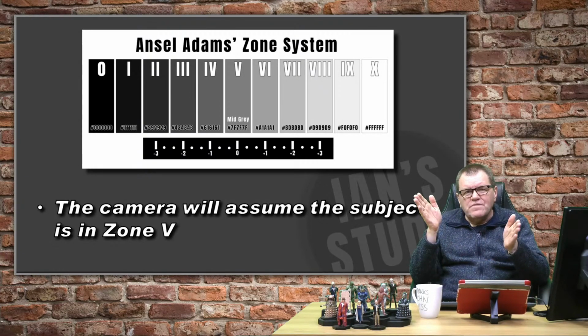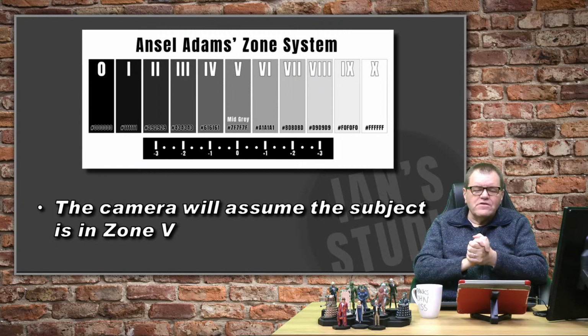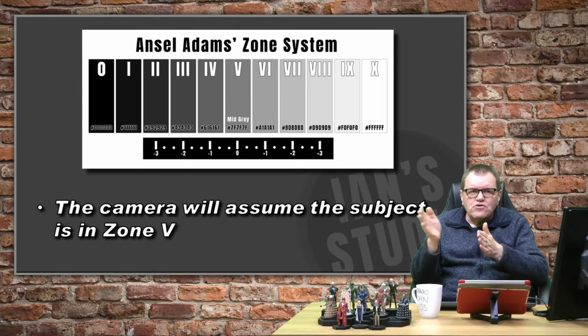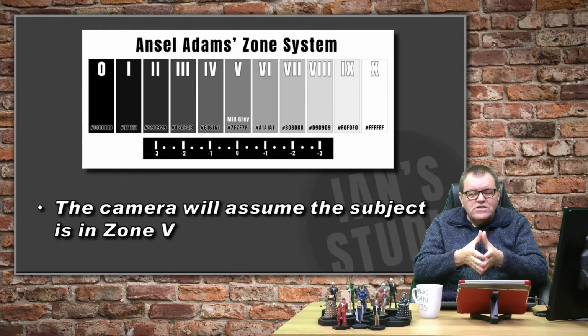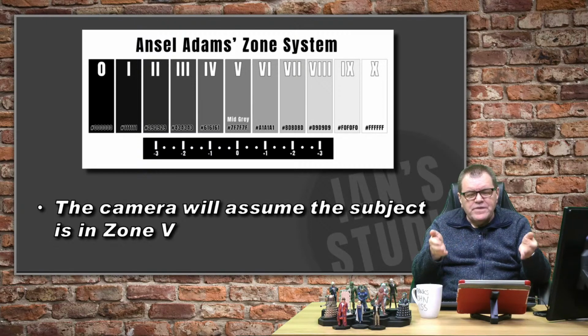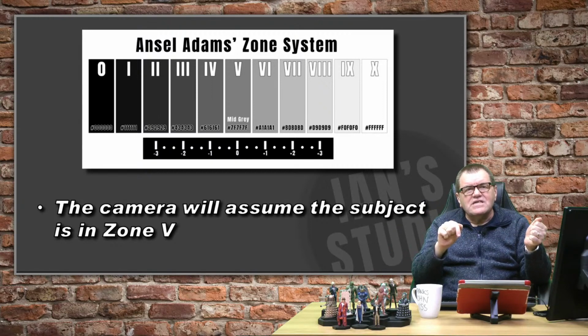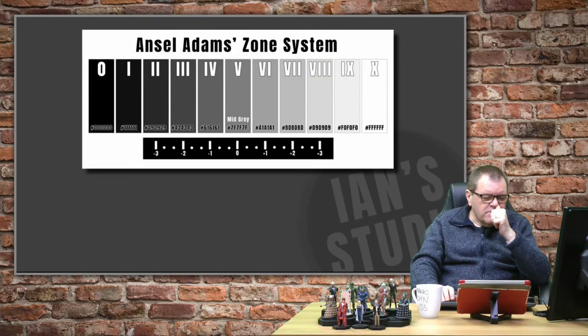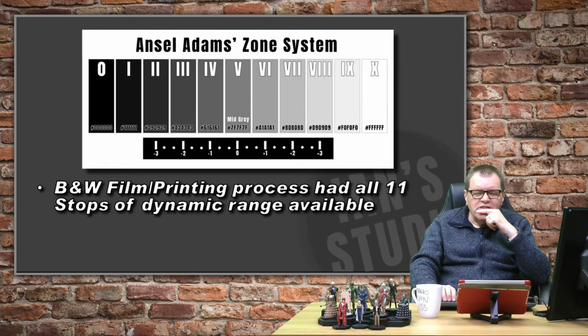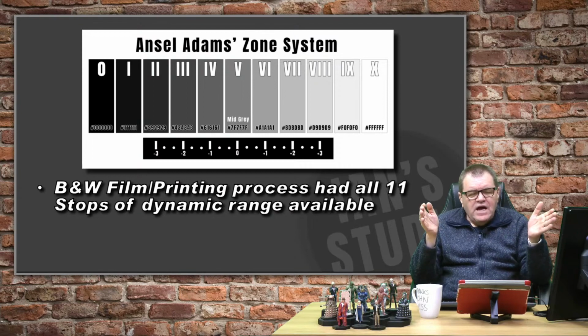You point it at something else, for example, a snowfield, it will still try and make it this mid-tone, this zone 5 grey, this mid-grey, but we have to correct for it. But if we understand the zone system and what fits into the different zones, it's then easy to adjust that setting. So let me just move on and try and explain this a little bit.